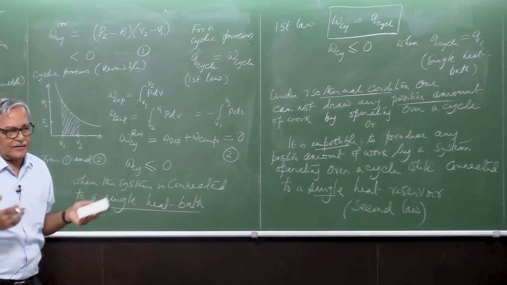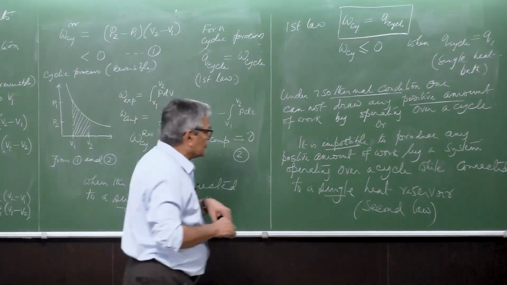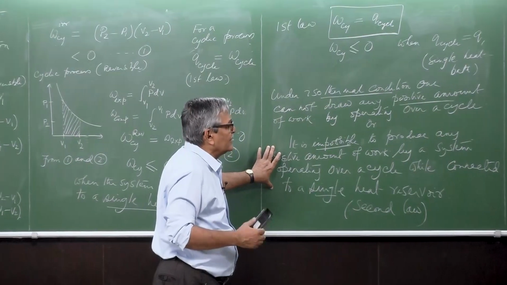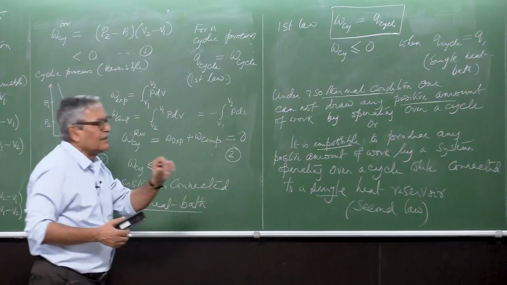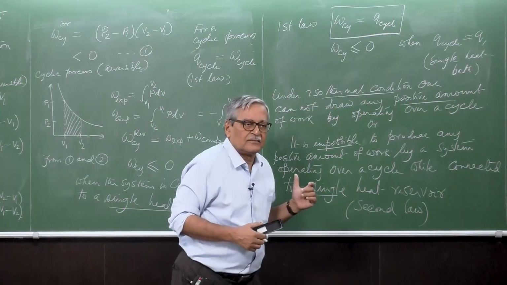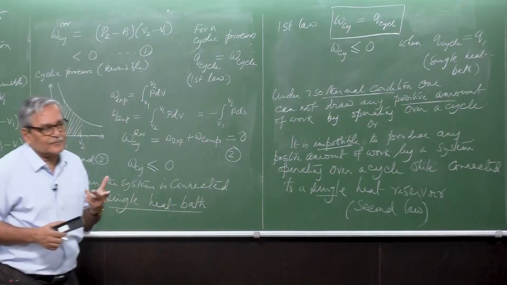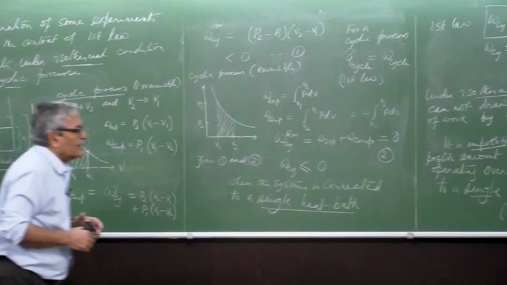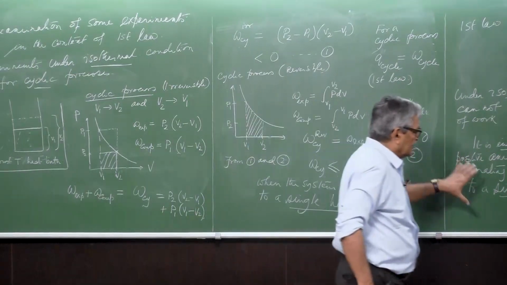There are innumerable attempts to show that I can generate work from a single heat reservoir at a constant temperature. It is not possible. So, you need more than one heat reservoir. That is why this statement is another statement of the second law.